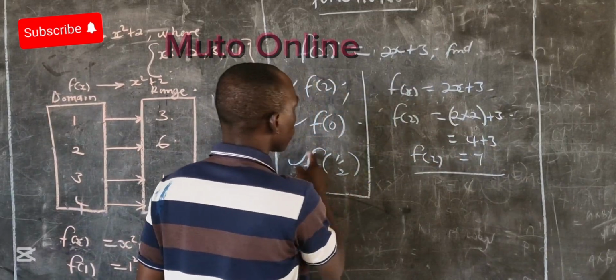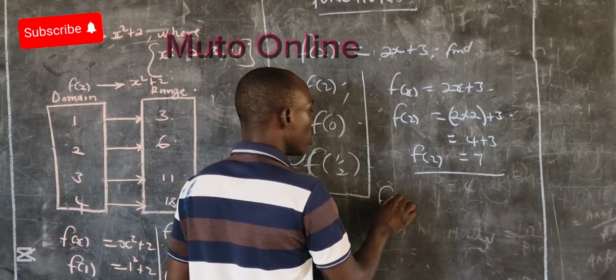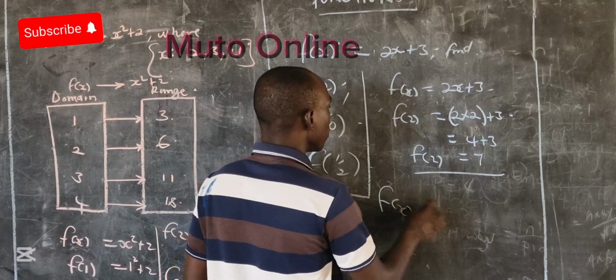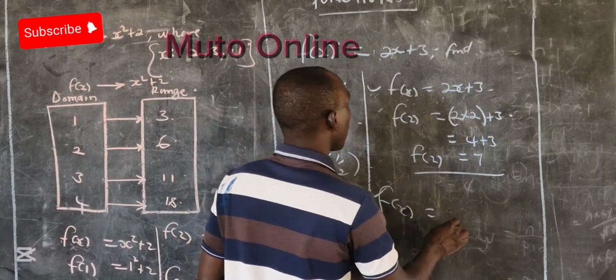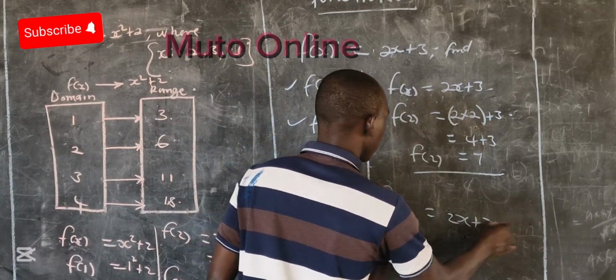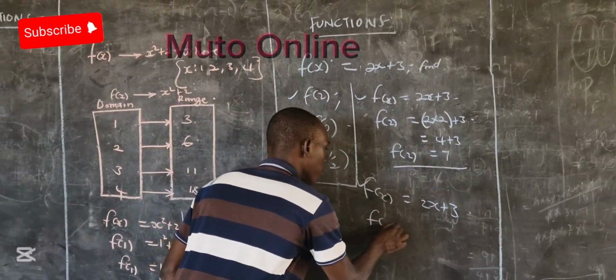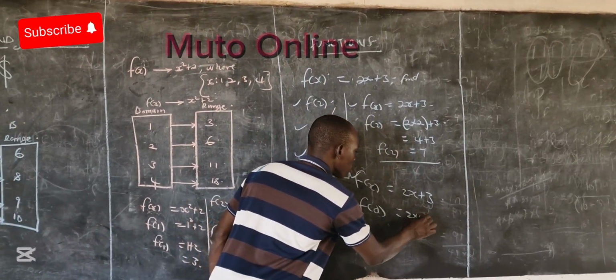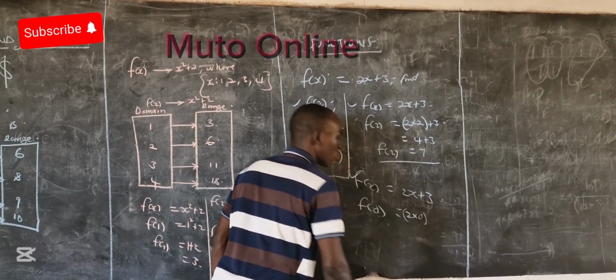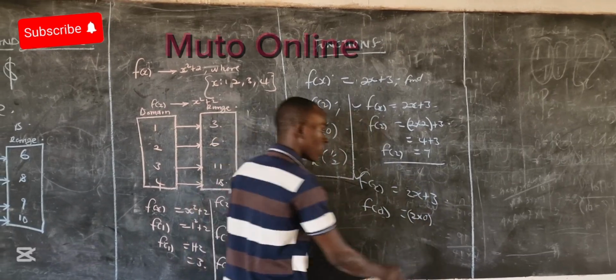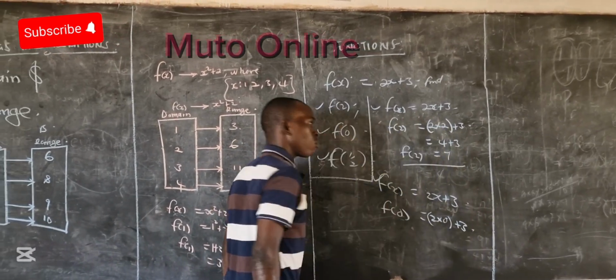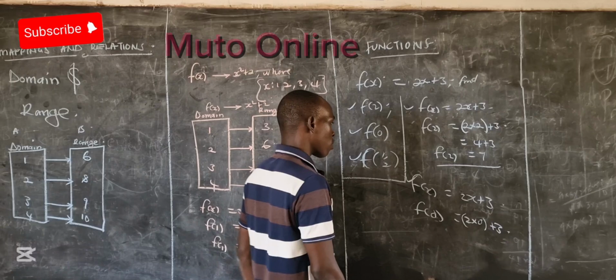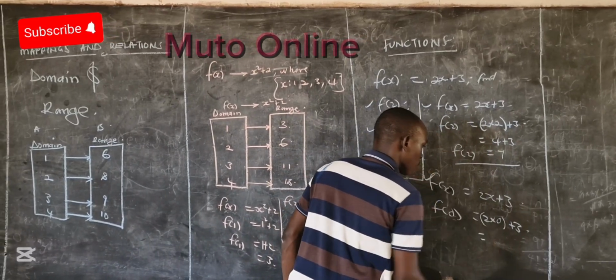The same is for f of 0. So still from f of x giving us 2x plus 3, that means our f of 0 will be equal to 2 times 0, but make sure you put a bracket to minimize errors, because it may disturb you.